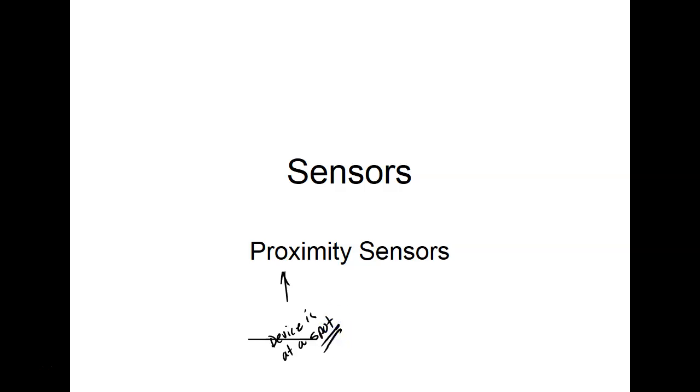The position sensors we looked at before could tell if it was at a position over a range of positions. This is going to look for whatever we're trying to detect when it's at a certain spot.